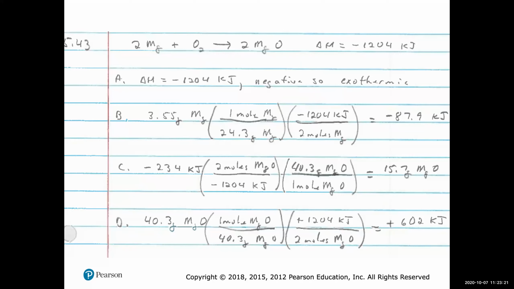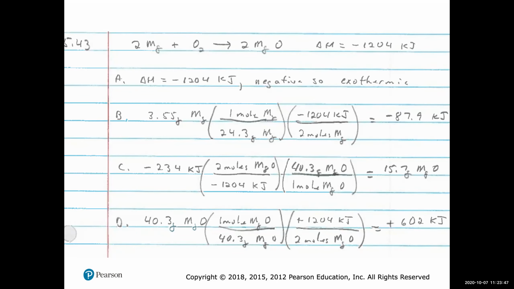But in my mind, I just look at it simply as, okay, delta H for the formation reaction is minus 1204. So if I'm going the other way on the reaction, it's the same number, but I've got to change the sign. So a few things that we learned here on this problem. One is, in A, if it's a negative number for delta H, it's exothermic.